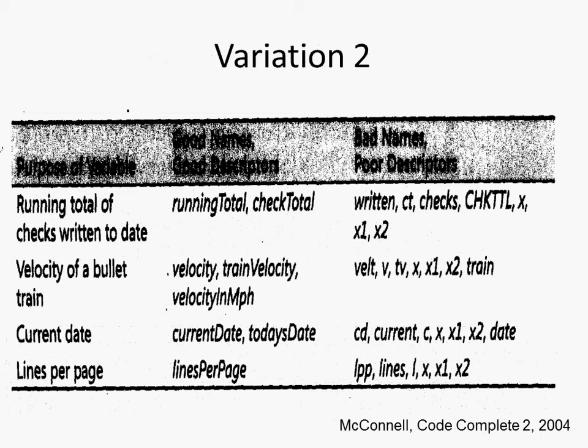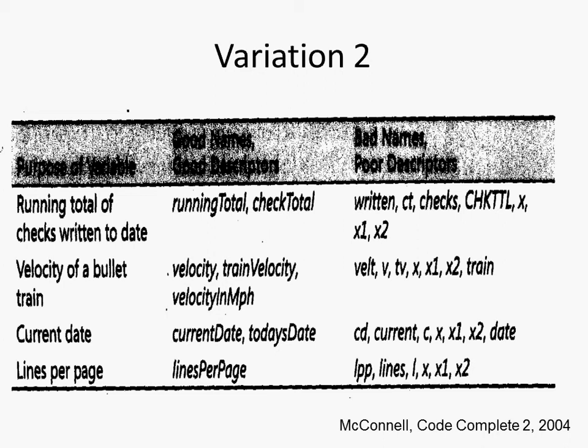So here we have a set of variables written in camel case being compared with a set of variables written typically here in all lowercase, and the camel case variables used with capital letters indicate a clear division between the words, and often a given name will incorporate separate components, so lines per page. It maybe doesn't give you all the information about what sort of page this is, an A4, letter size, or legal, or what have you, but it gives some understanding of this.